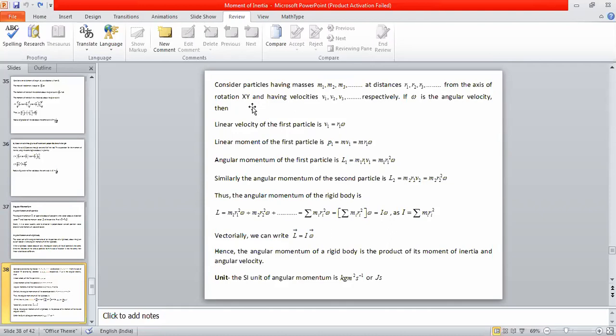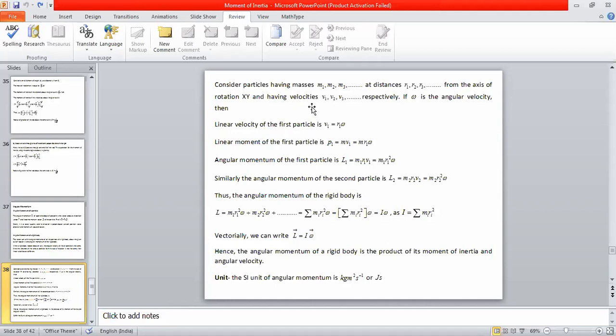If the axis of rotation is xy, our first particle of mass m1 is situated at a distance r1, the second particle of mass m2 at a distance r2, and the third particle of mass m3 at a distance r3. And please remember, since the whole rigid body is rotating, all the particles of the rigid body are also rotating.